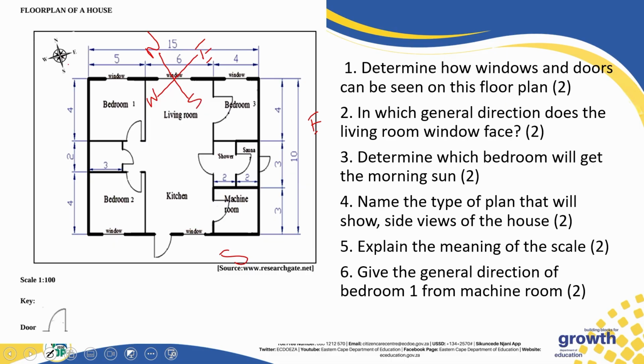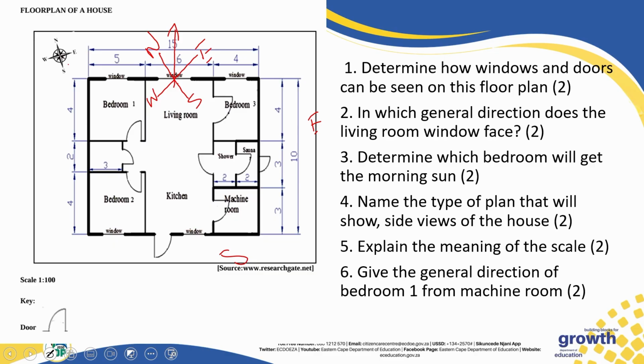So you can see our window is facing this side. So you can precisely say it is facing northeast, following where our north direction is indicated. But mostly examiners are not very strict here. If you have picked north, but precisely you can see that it's in the northeast direction.